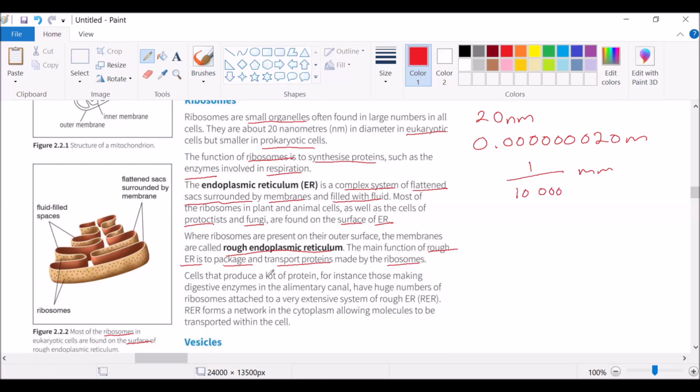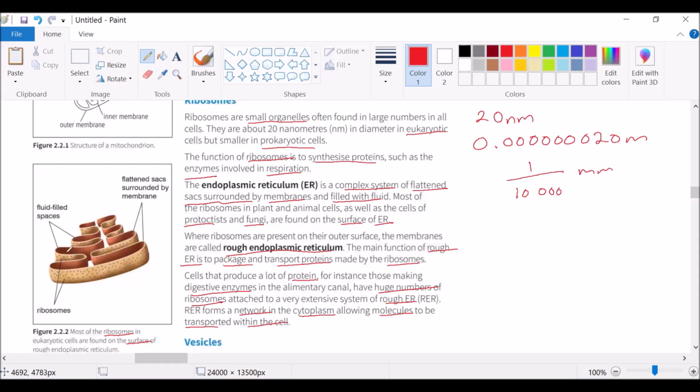Cells that produce a lot of protein, for instance, those making digestive enzymes in the alimentary canal, have a huge number of ribosomes attached to a very extensive system of rough ER, or RER. RER forms a network in the cytoplasm, allowing molecules to be transported within the cell.